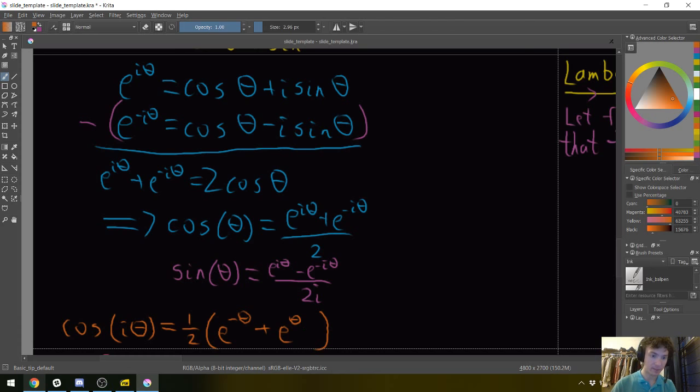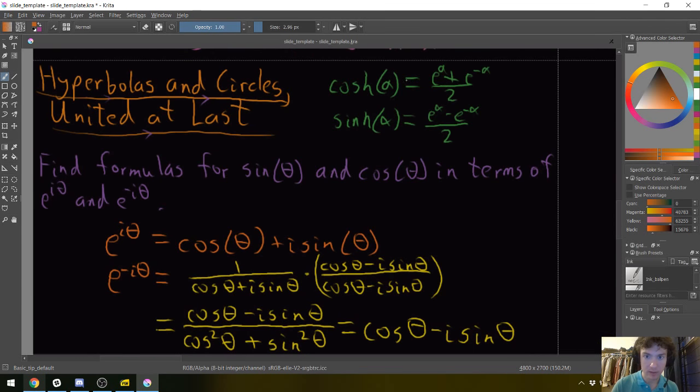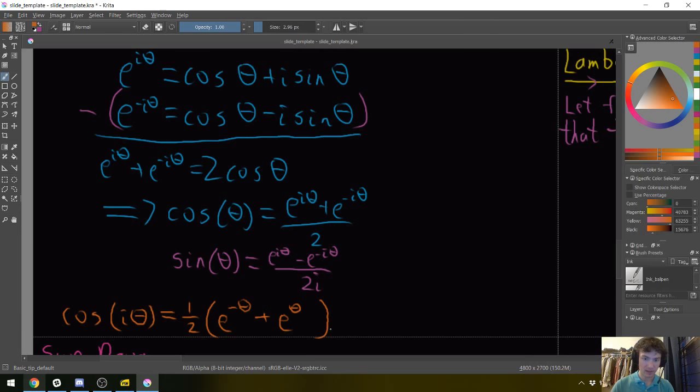This is interesting because if I just change theta to alpha, this is the same as the definition of cosh. So cosh of theta is e to the theta plus e to the minus theta over 2. So that's the same as switching the order, e to the minus theta plus e to the theta over 2. So this is simply cosh of theta.